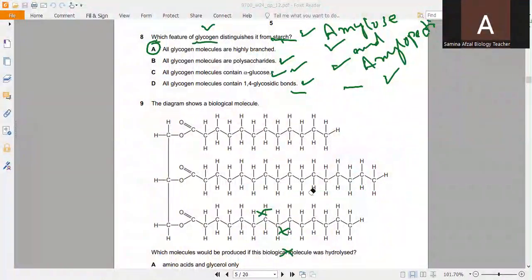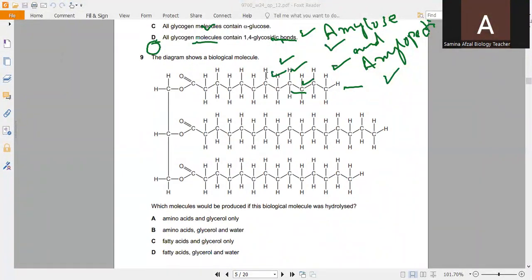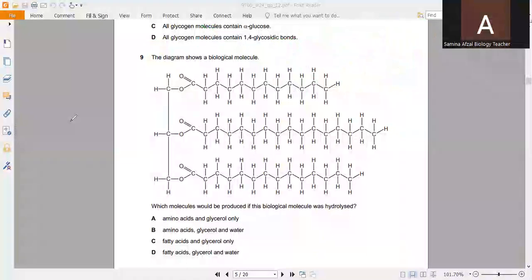Now we are moving towards question number 9. The diagram shows a biological molecule. Which molecule would be produced if this biological molecule was hydrolyzed?